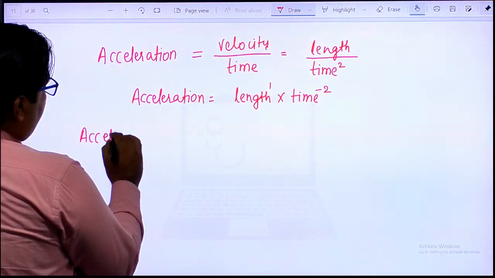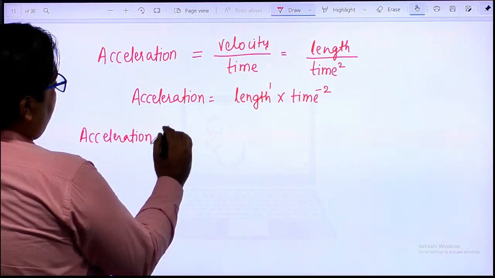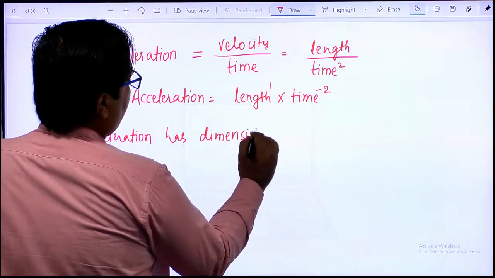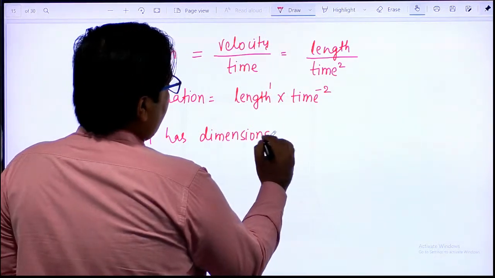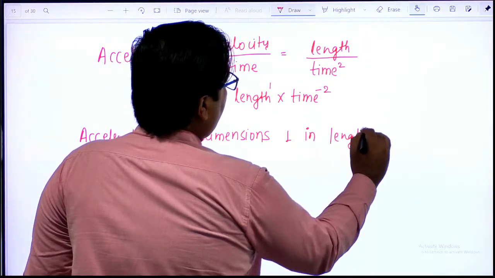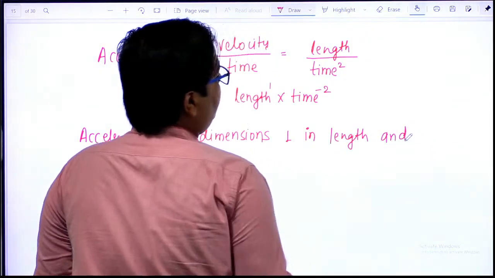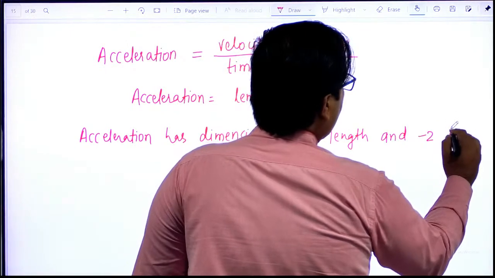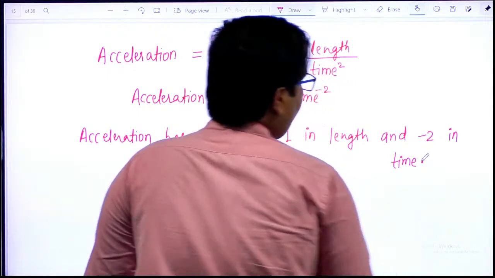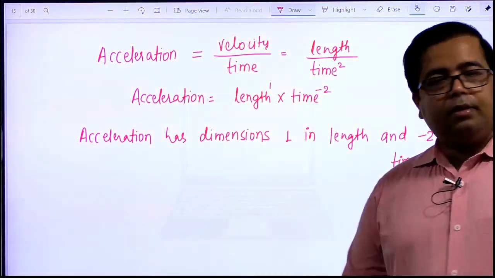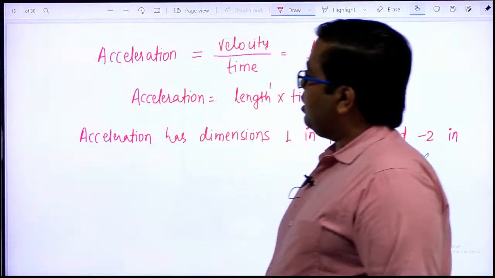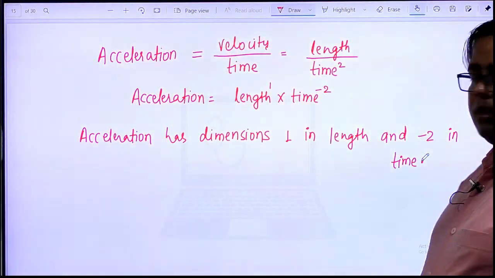Acceleration has dimensions one in length and -2 in time. This is how we represent the dimension of any physical quantity.